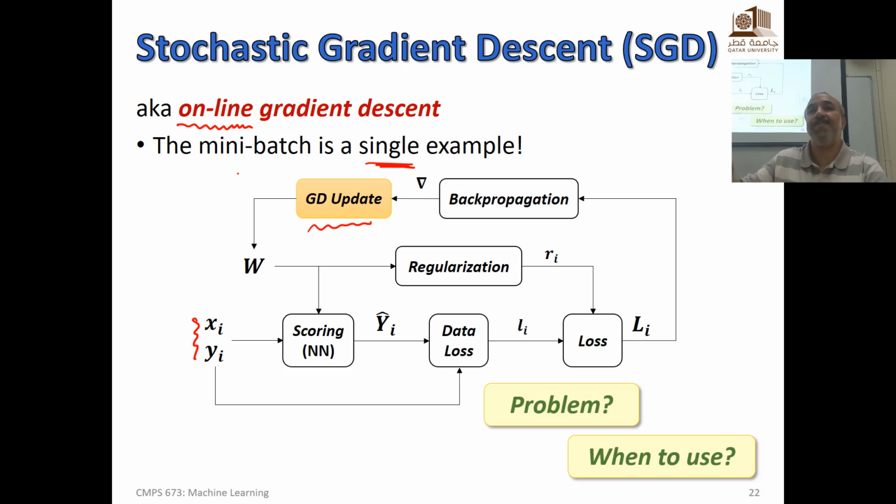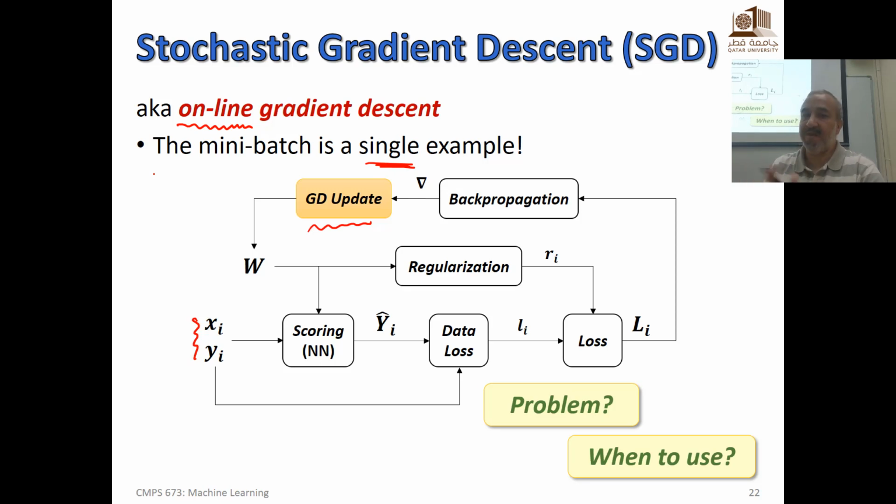Yes, if you are getting labeled examples in real time, you can of course use it, because whenever a new labeled example or a new set of labeled examples is available, I can make the update. So these are two reasons why we can use stochastic. This is called stochastic gradient descent.